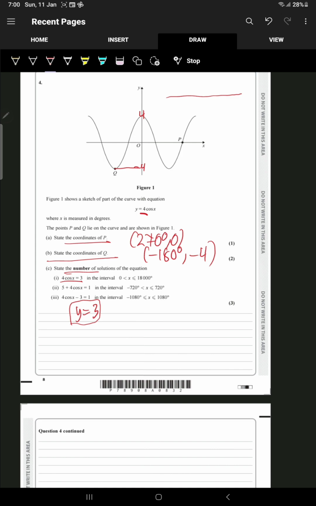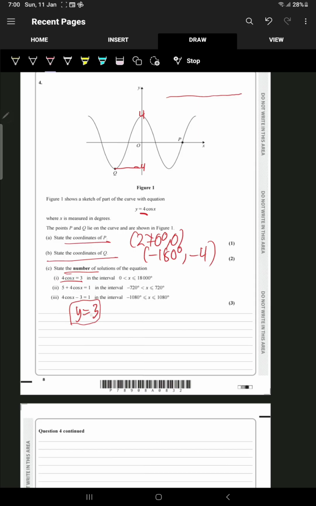It looks confusing, but if you have studied the graphs, the horizontal line, the vertical line graph, this is basically the horizontal line graph, y is equal to 3, and the gradient is 0 because it's just straight.